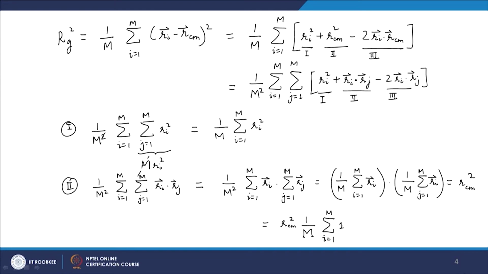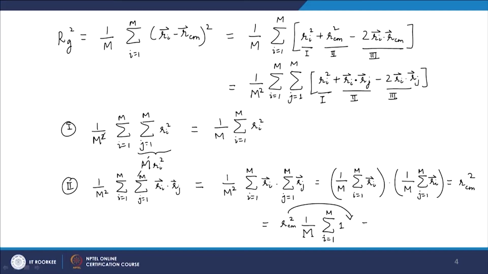So, I can sum 1 m times and divide by m, that is simply 1, and then I can move this thing inside, and what I will have is 1 by m, sum over i equal to 1 to m, RCM squared, which exactly is what we had earlier.